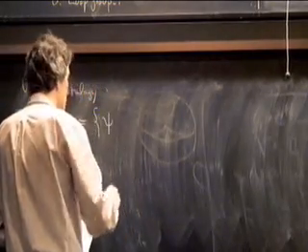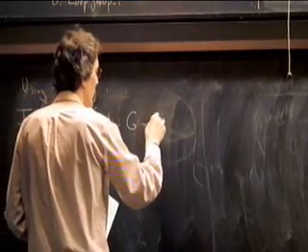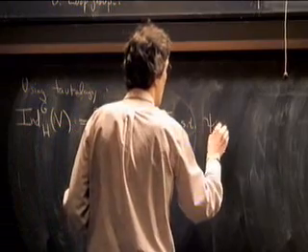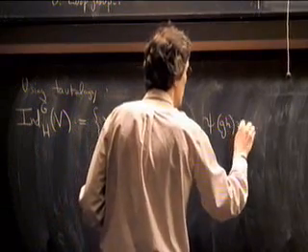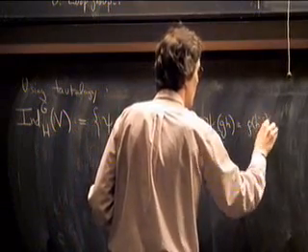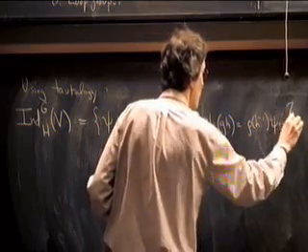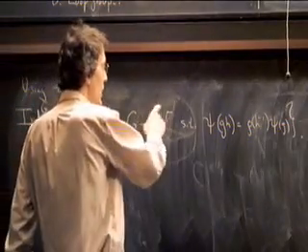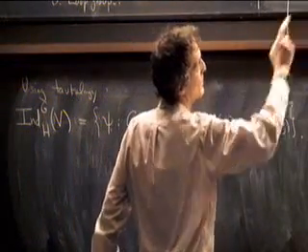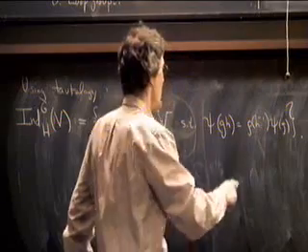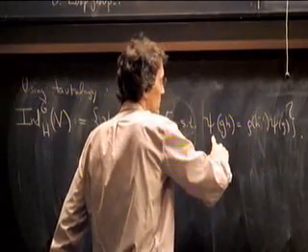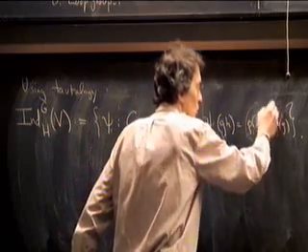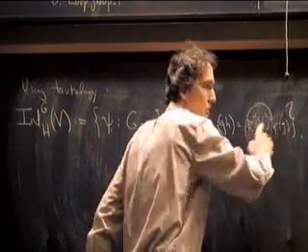Functions psi from G to this V, such that psi of GH is rho of H inverse psi of G. You see, that makes sense, right? I'm saying for every G, I'm getting a vector V in this representation space for H, and I'm making it equivariant in this way. So if I right multiply by H, I get the action of H inverse on psi of G.